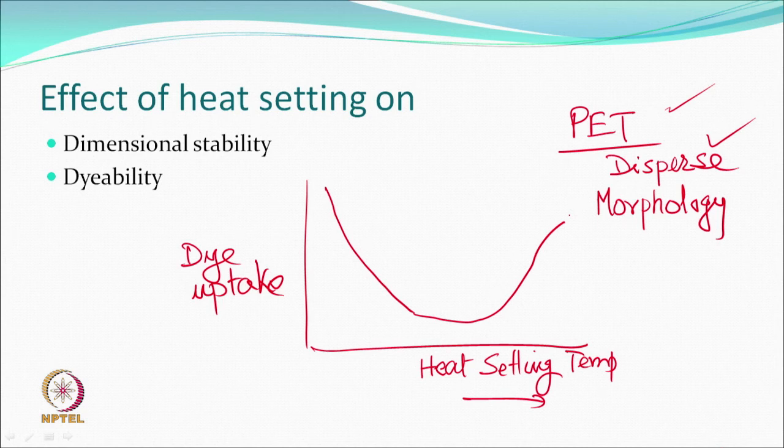Does it mean the material is becoming less crystalline? Have we gone to a temperature which is much beyond the temperature of heat setting? No, no, no, no. Even without that, what people have found is that as we increase the temperature, the crystallinity increases, maybe not at the same rate, because the space may not be there enough.